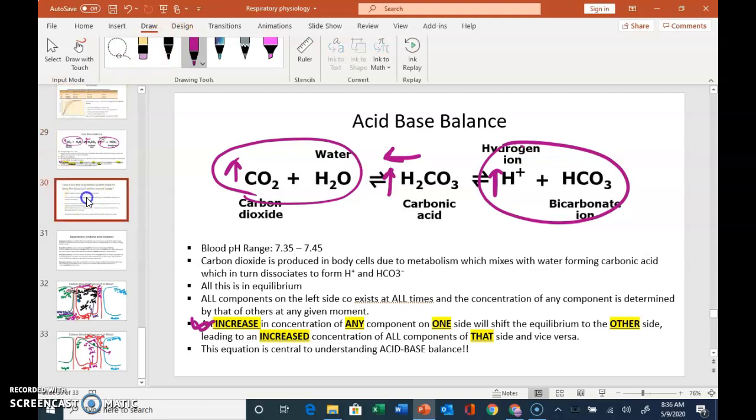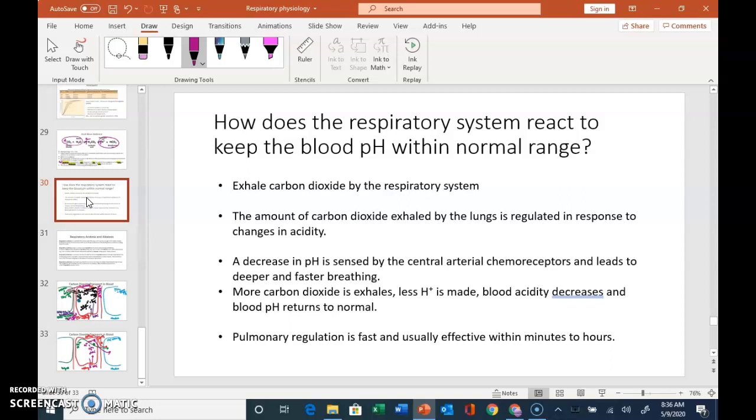All right, moving on. So the question is, how does the respiratory system react to keep the blood pH within normal range? Well, if the blood gets too acidic, the first thing that our body does is to exhale carbon dioxide by the respiratory system. The carbon dioxide is exhaled out by the lungs in response to changes in acidity, right? More acidic, we try to exhale more carbon dioxide.